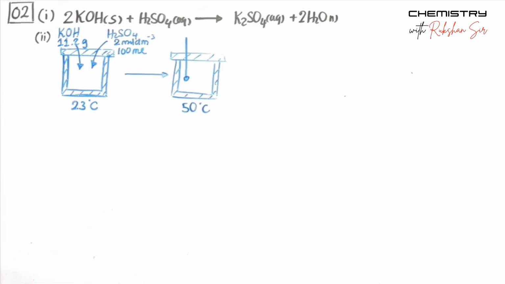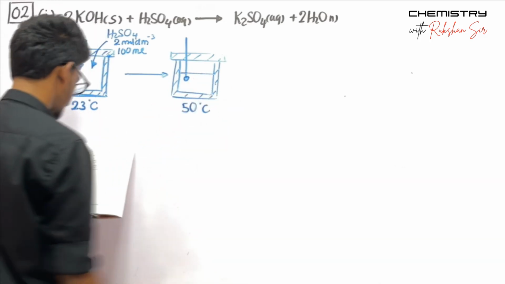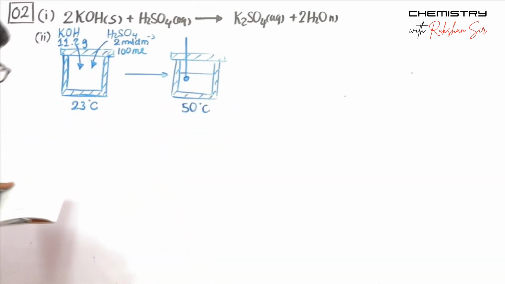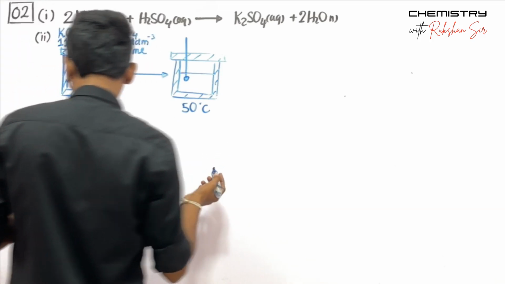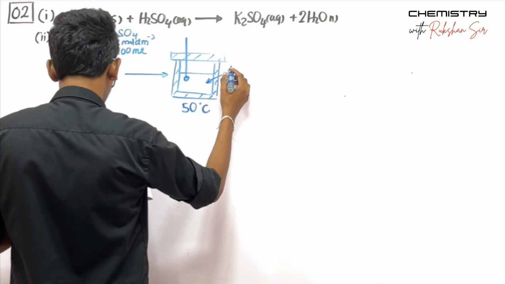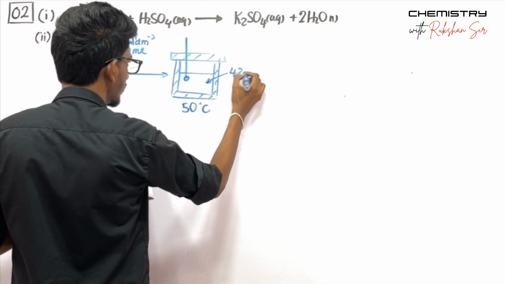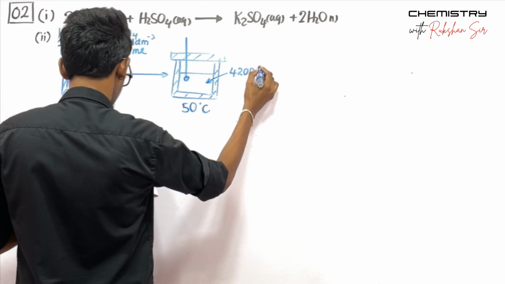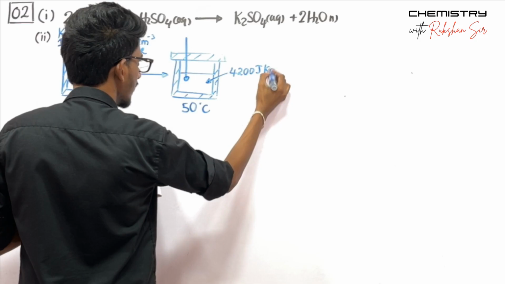So you have a solution here, and the specific heat capacity is also given for this solution. Specific heat capacity is given as 4200 joules per kilogram per Kelvin.